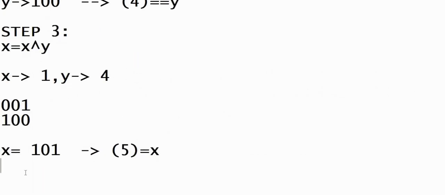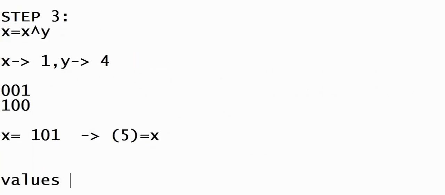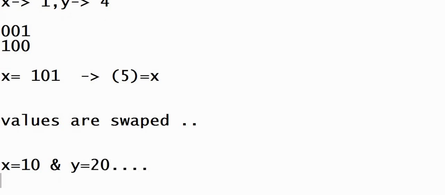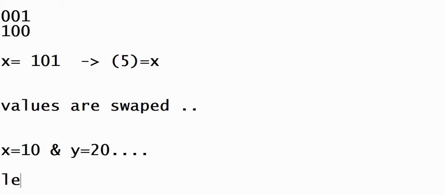So the values are swapped. Let us take some other inputs, x is equal to 10 and y is equal to 20, and check whether this logic works correctly and how to implement it in Java.